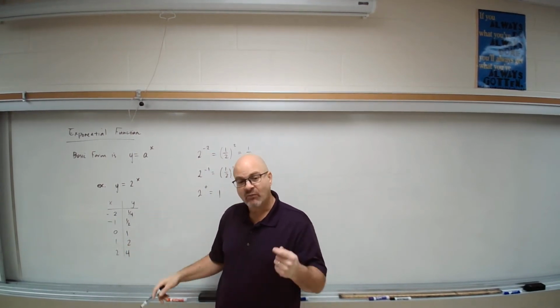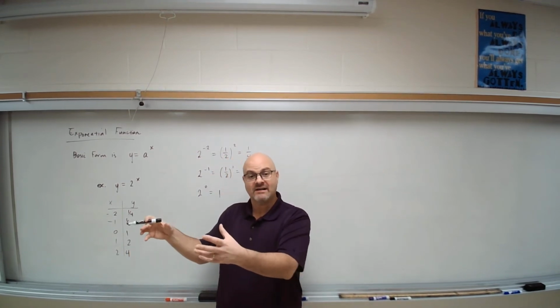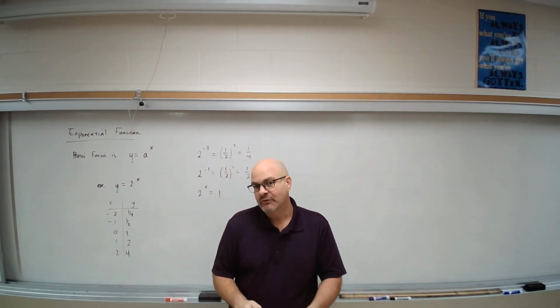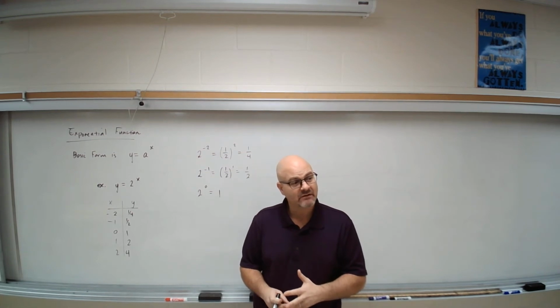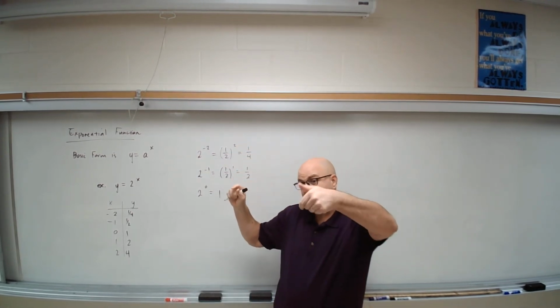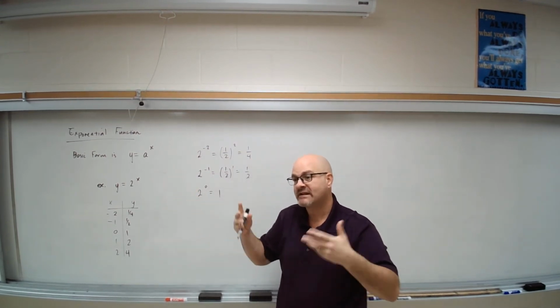If I put in 3 and 4 and 5, it's going to get bigger and more positive. But if you did -2 and -3 and -4 as your exponent, would it still be a positive output? Sure, because we flip it and then square it. Any power of a positive number is always positive.